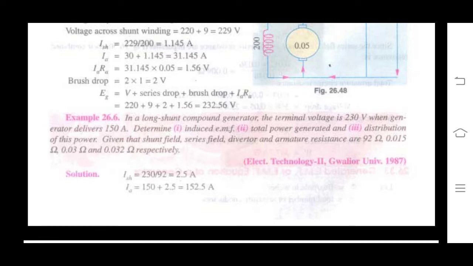0.3 ohms and 0.32 ohm respectively. In a long shunt compound generator, the terminal voltage is 230 volts. When the generator delivers 150 amps, that is the load current is 150 amps, and V is 230 volts. Determine the induced EMF.